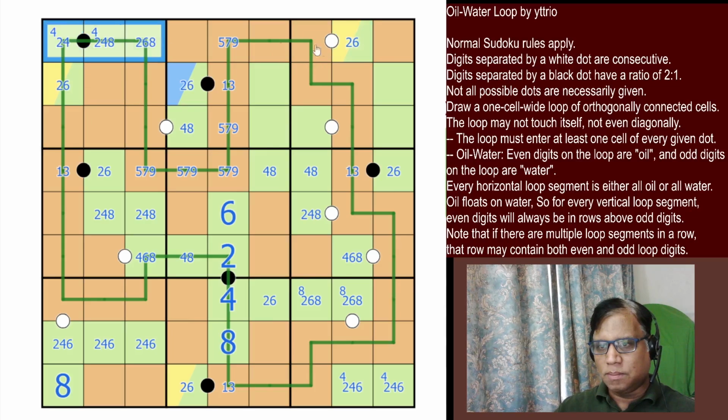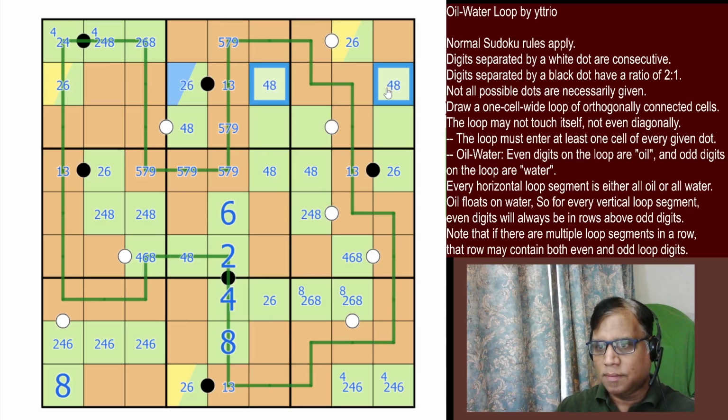Because in this row, that must be yellow. So blue is one of these, right? Oh, none of that. So that has to be now 4 8, right? 4 8, 4 8. That has to be 2 6 now, and that 2 6 one, that has to be yellow.